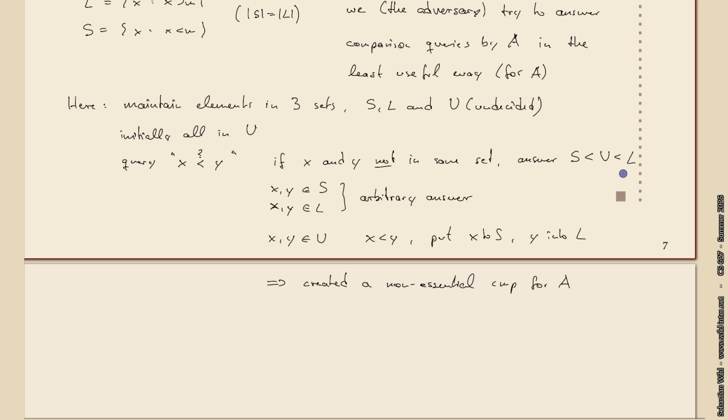If the algorithm is stupid enough to do comparisons where both elements are in S or in L, then it pays more, and we don't even charge it for that. But it has to get all the elements out of U to make progress, because we're never going to reveal useful information to it before that. The useful information only comes from the first case.